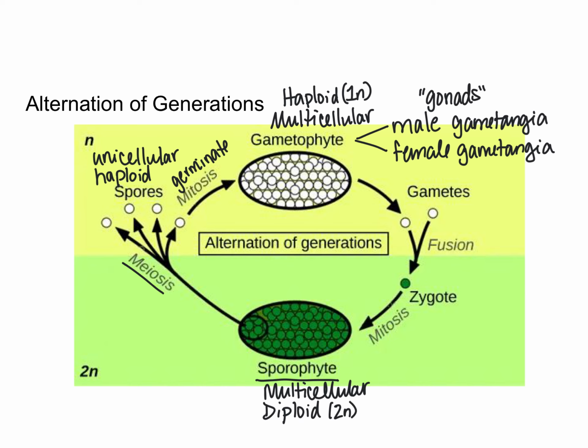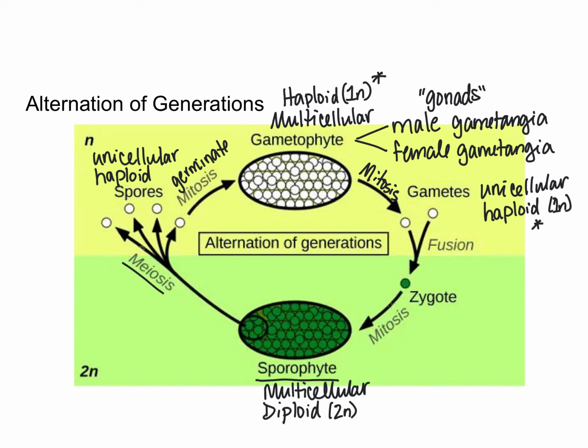So these gametangia are going to go through mitosis to form gametes. And these gametes are going to be unicellular and they are haploid. Because remember, the parent cells up here were haploid, and since we're doing mitosis, the daughter cells also have to be haploid.